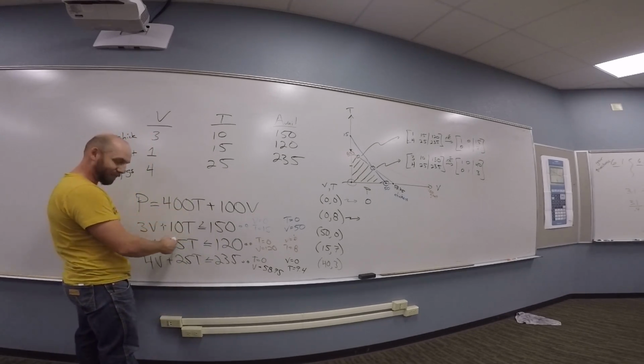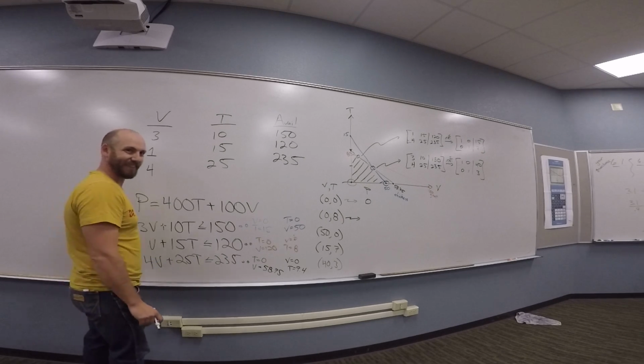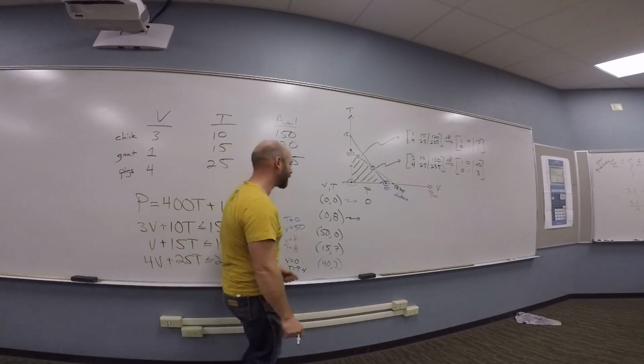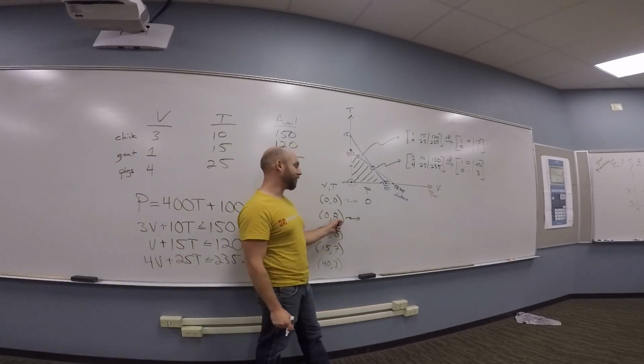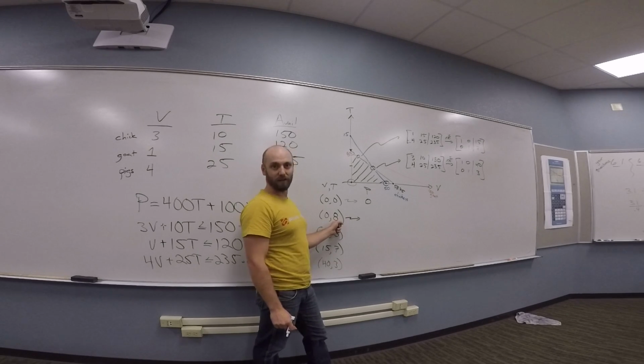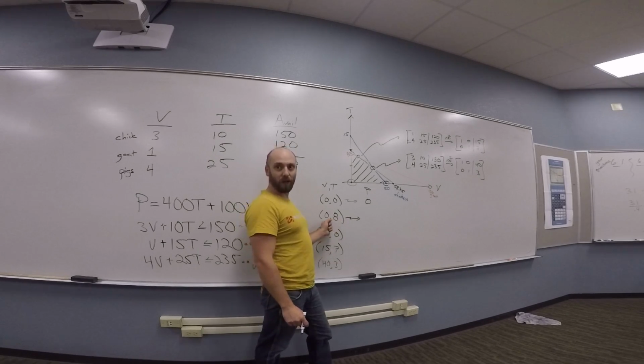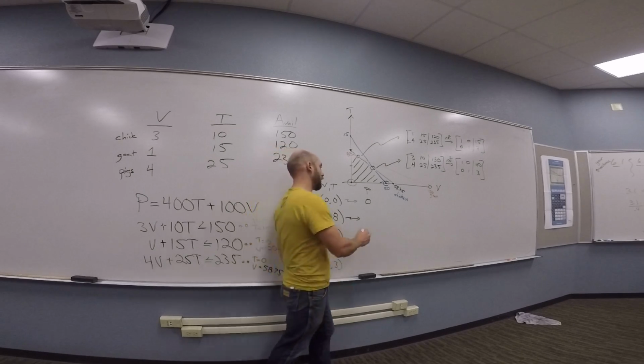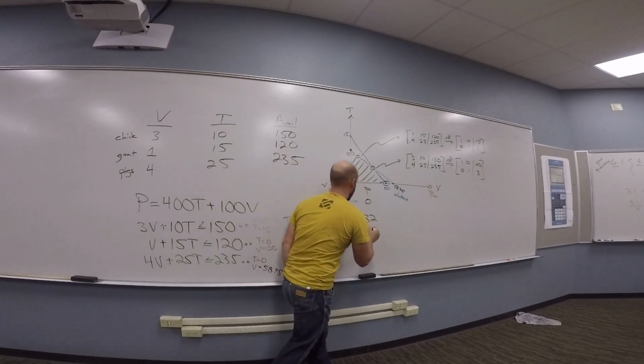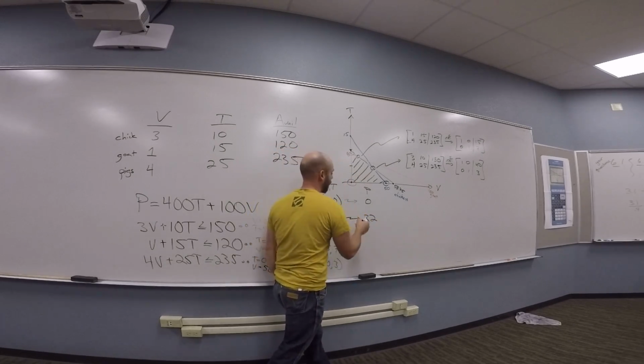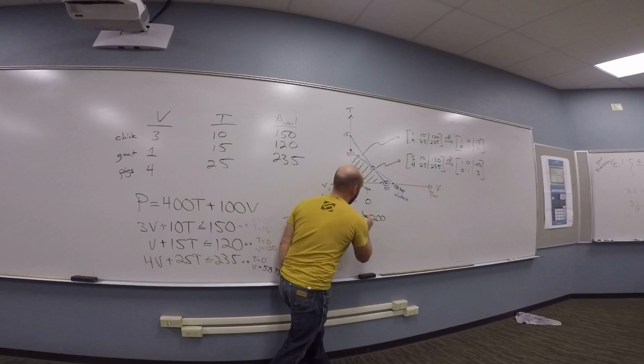You gave me this one backwards from the others, but it doesn't matter. You've got to throw in that equation. T-Rex is 400 each, and Velociraptor is 100 apiece. So this is 0 times 100 plus 400 times 8, which is $3,200.